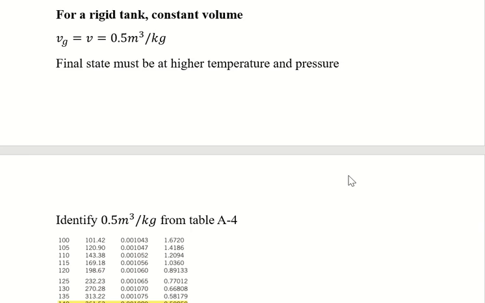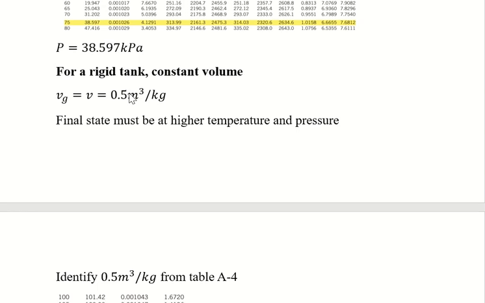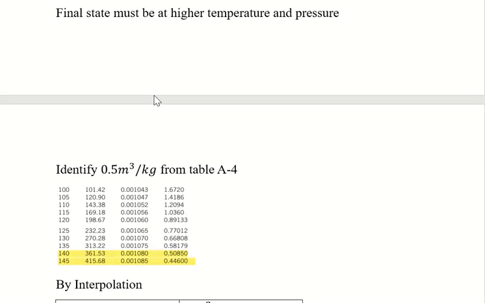So what do we do now from table A4? Since we know it's saturated, and the only properties we have are temperature and pressure, we look for this value from the table, and we can see it lies somewhere here.